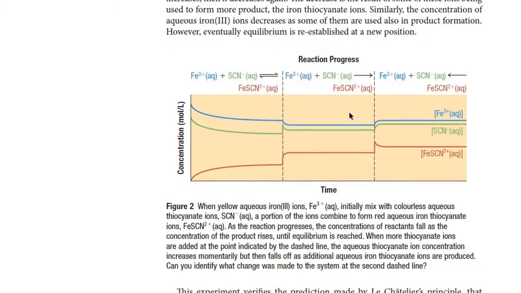It shifts to the product side. So as you see here, we have a jump more in FeSCN2+ is increasing, and we have a decrease in Fe3+. So that's basically the change you will see as we increase the concentration of SCN-.